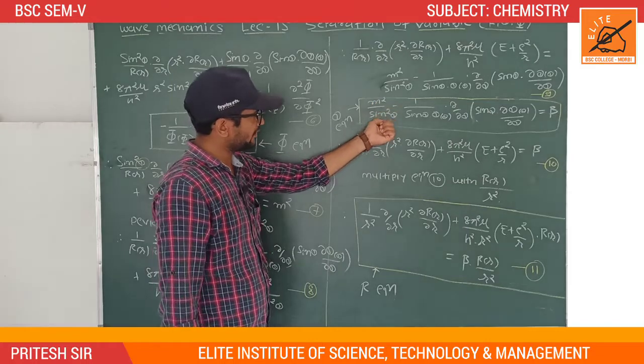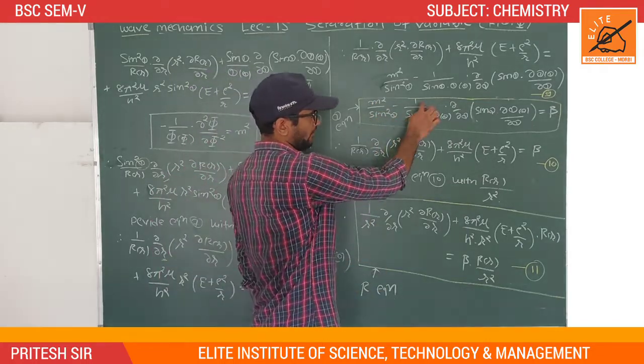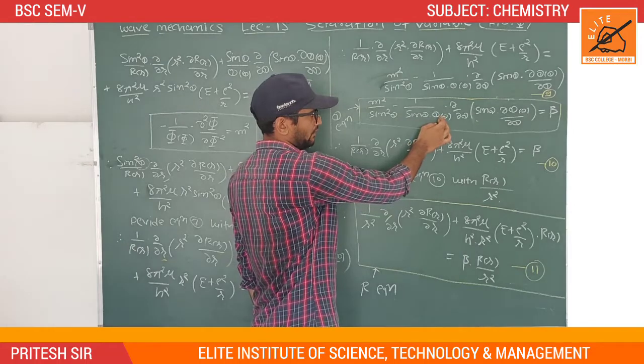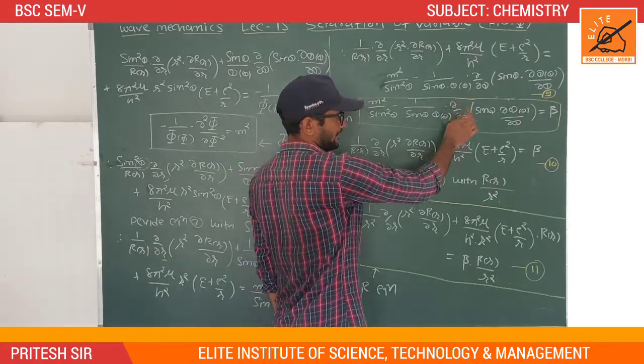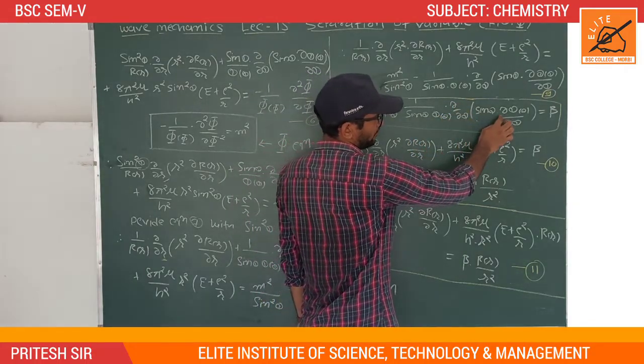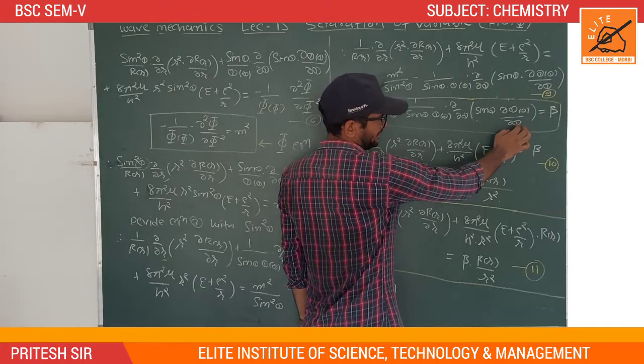m square upon sin square theta minus 1 upon theta into sin theta into del by del theta sin theta into del theta upon del theta is equal to beta.